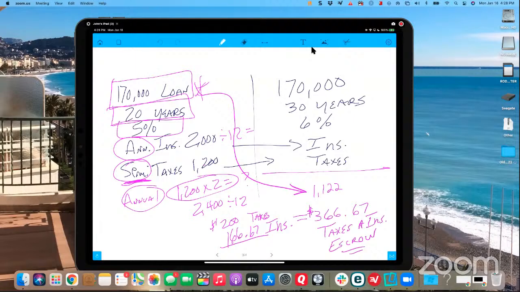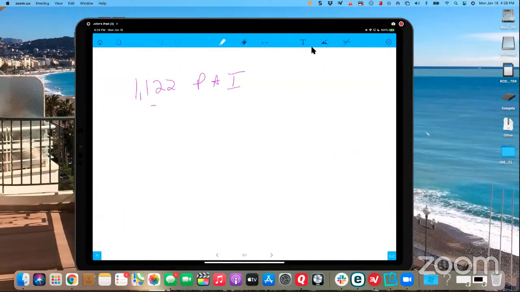And we have to add this number, our escrow, 366.67. This is taxes and insurance, PITI. You may see them use those initials on the exam.